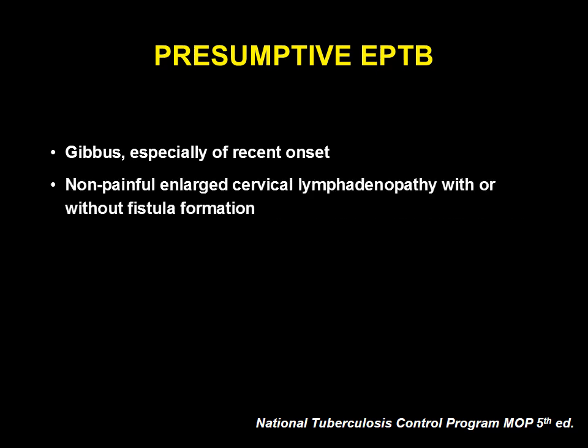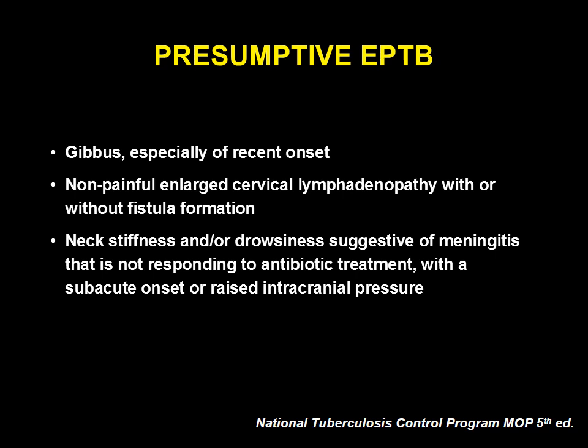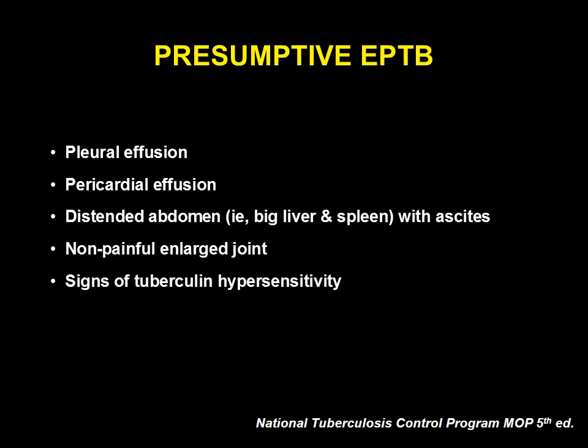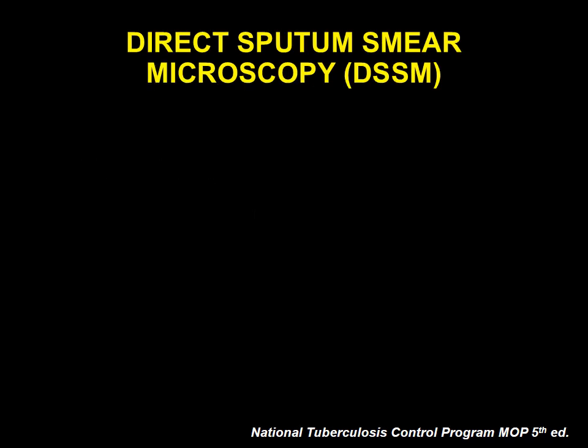Presumptive EPTB may have any of the following: gibbus resulting from vertebral TB, non-painful cervical lymph node with or without fistula, signs and symptoms of meningitis unresponsive to antibiotics, pleural effusion, pericardial effusion, distended abdomen with ascites, non-painful enlarged joint, signs of tuberculin hypersensitivity like phlyctenular conjunctivitis and erythema nodosum.